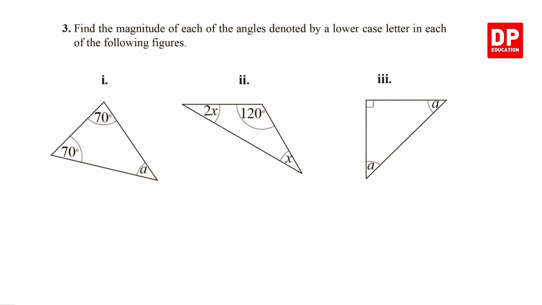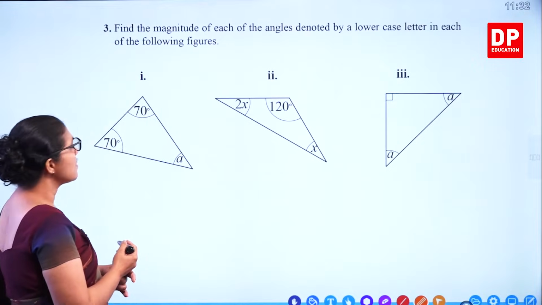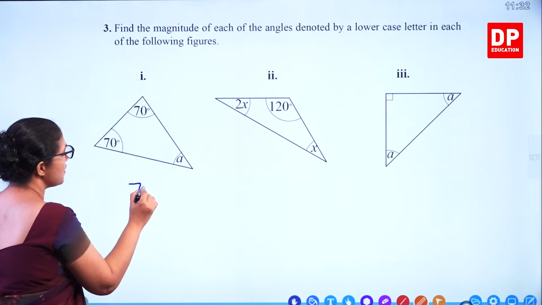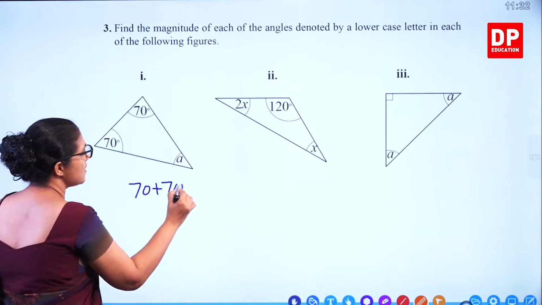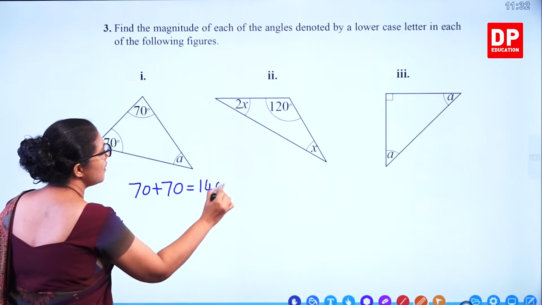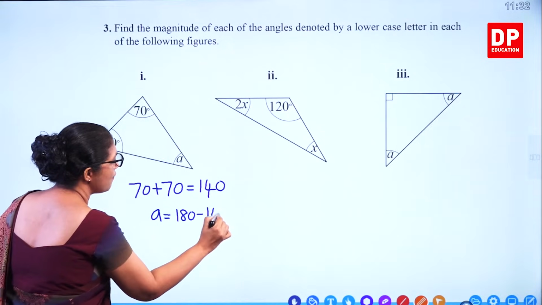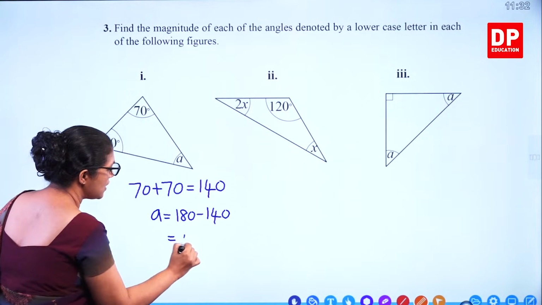Find the magnitude of each of the angles denoted by a lowercase letter in each of the following figures. So this is a triangle. How can you find A? First, 70 plus 70 is 140. So A becomes 180 minus 140, that's 40 degrees.